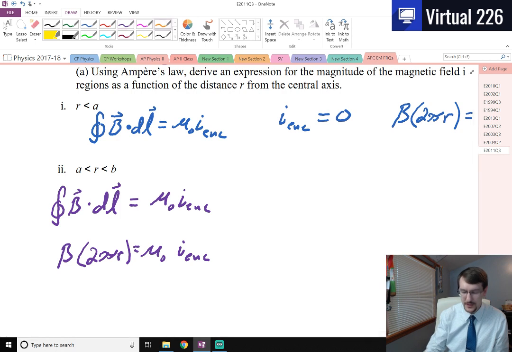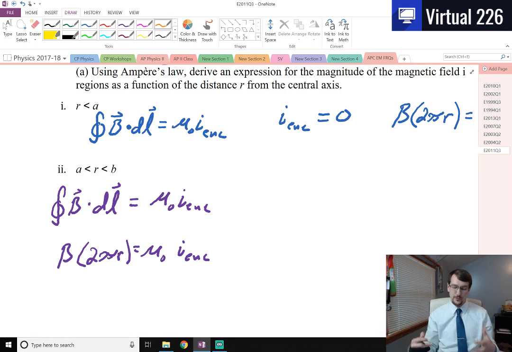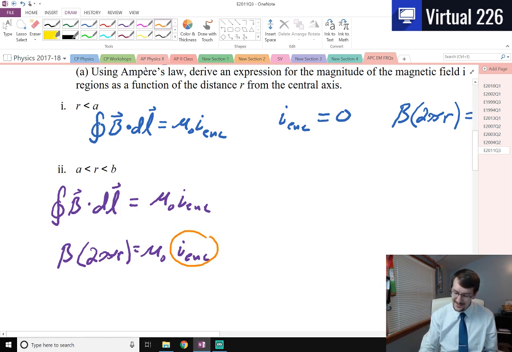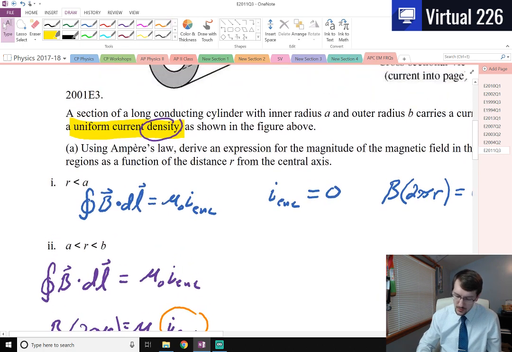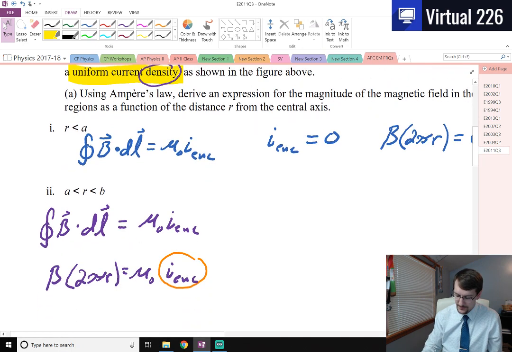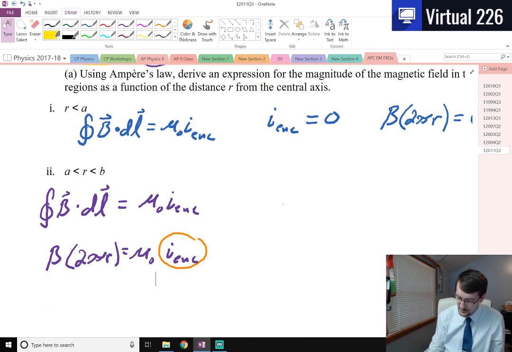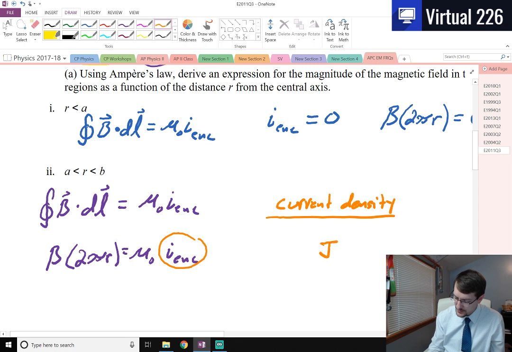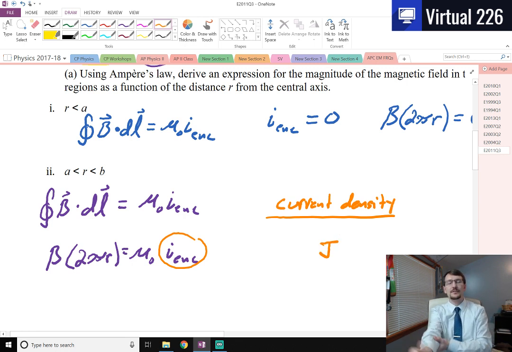But the tricky part here, and we saw this with Gauss's law if you've been watching these videos, is what is the current enclosed here? Well, we know that there's a current density. We're going to say that the current density is the variable J. That is the variable for current density.